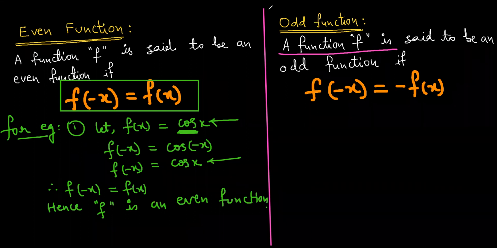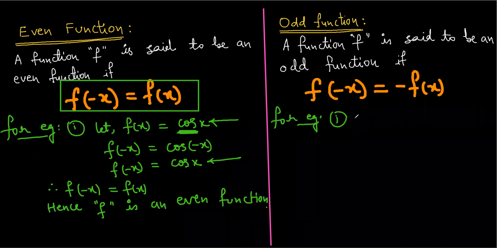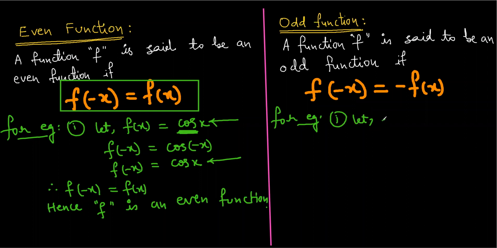So let's do this. Here I will give you an example. For example, the first one, yes, you thought correctly. We are going to take sine of x. So I write here, let f of x be sine of x. When I go for f of negative x, it will be sine of negative x.